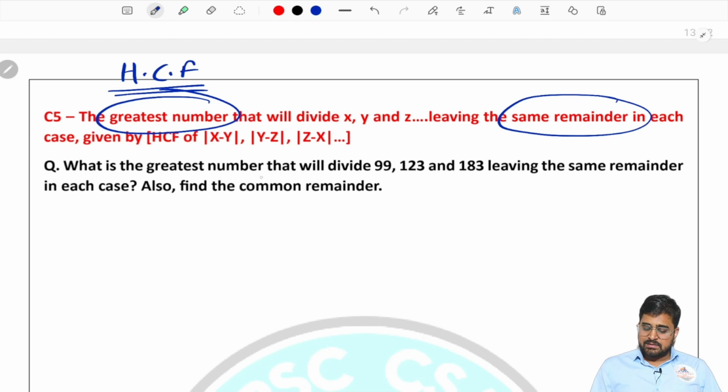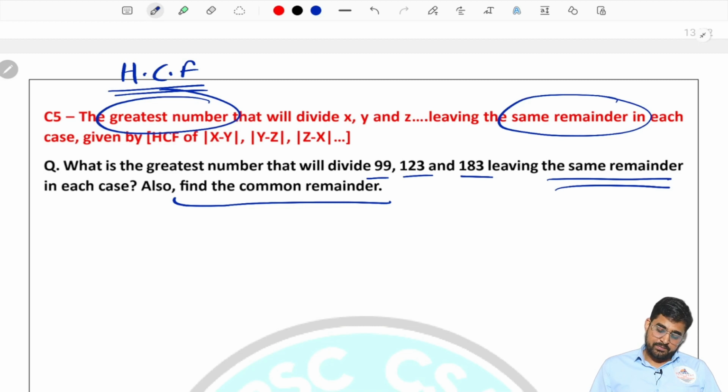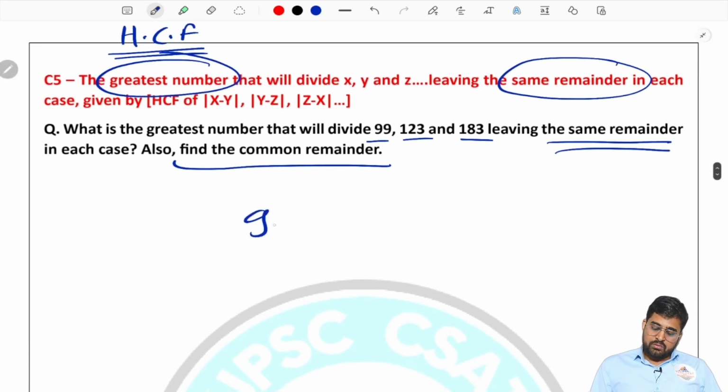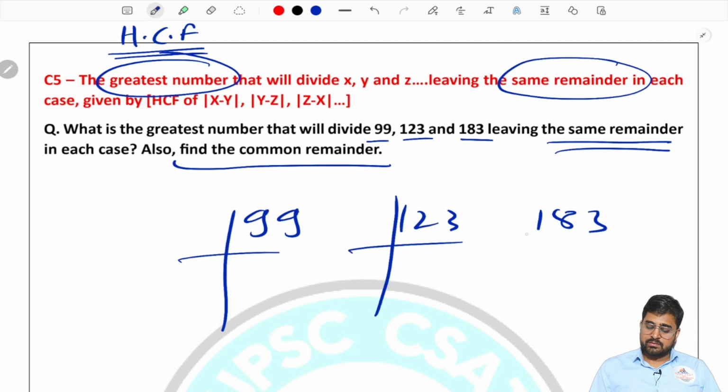What is the greatest number that will divide 99, 123 and 183, leaving the same remainder in each case, and also find the remainder? Okay, no issues at all. Now there is no need to take the HCF of these three numbers.